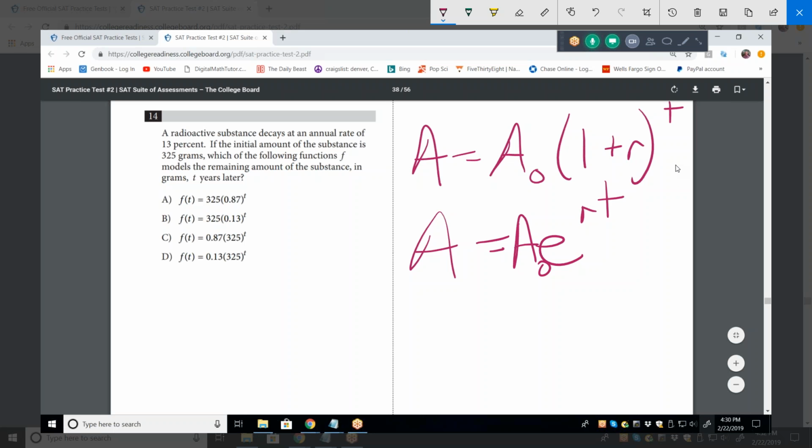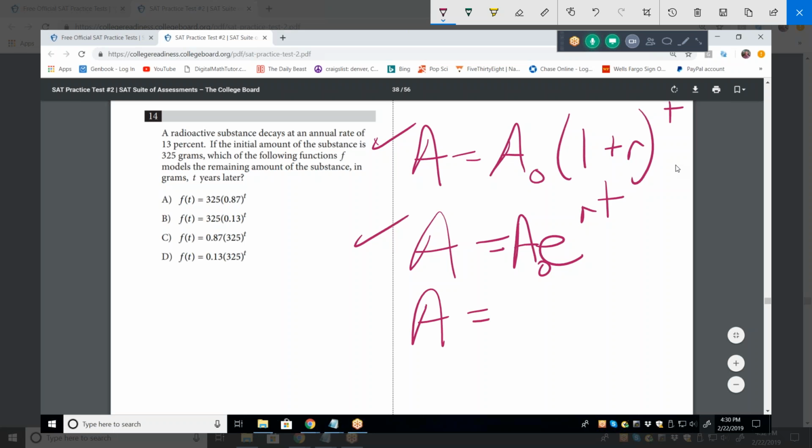I guess we can use this one. We don't need to use this one up here. The initial is A sub 0, and they're asking how much will be there t years later.